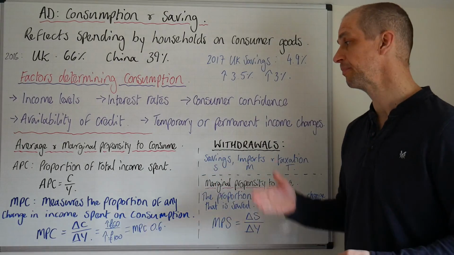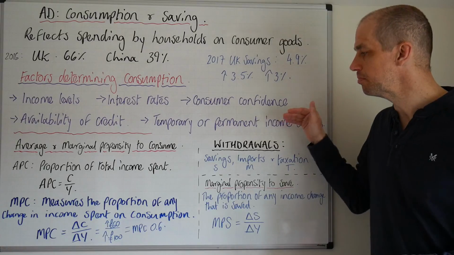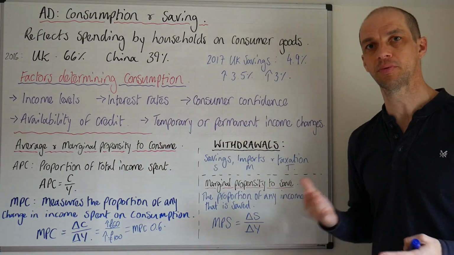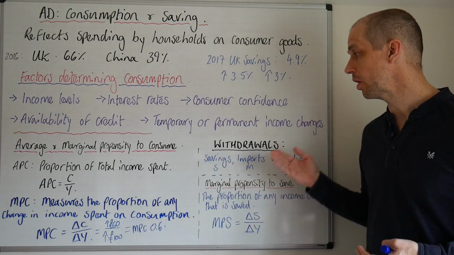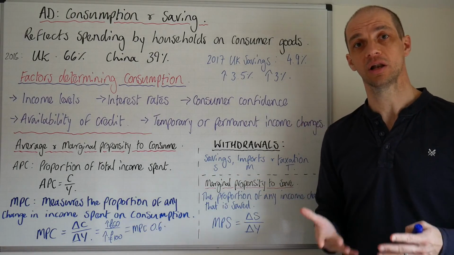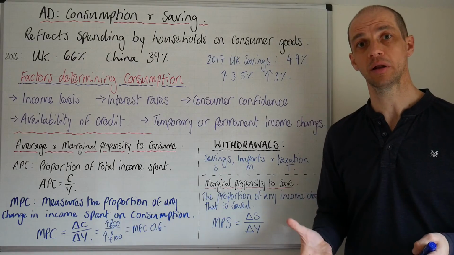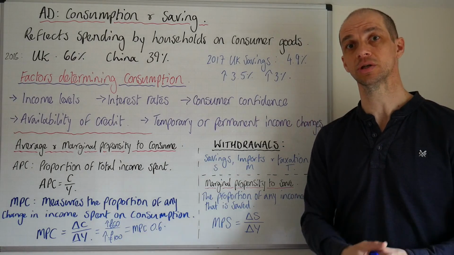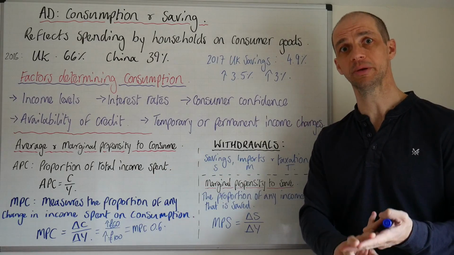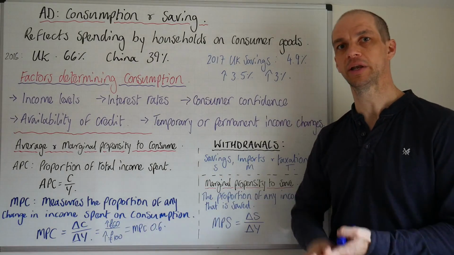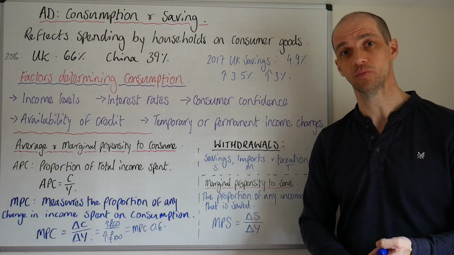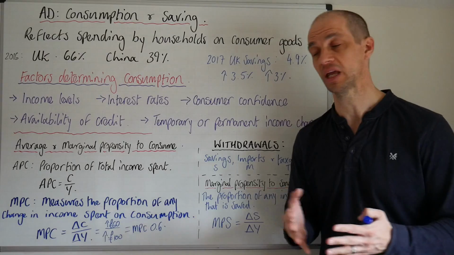Okay, but we must remember, of course, that marginal propensity to consume and the average propensity to consume are affected by the level of withdrawals that is taking place within an economy. Now, in most multiple choice questions, you deal with a closed economy model with a financial sector, i.e. that there's some savings element involved in the economy.